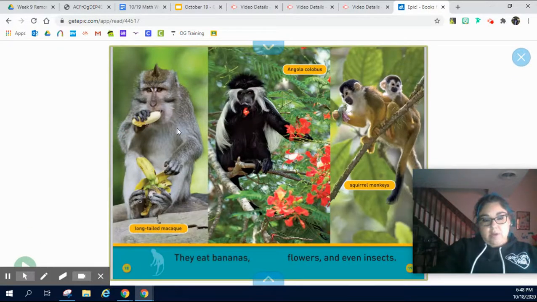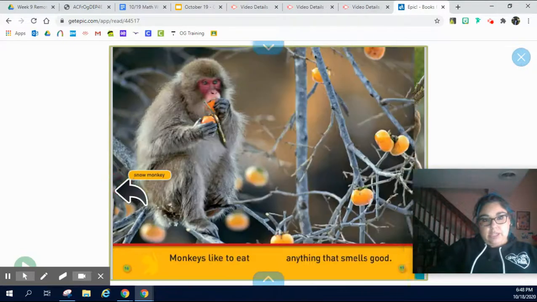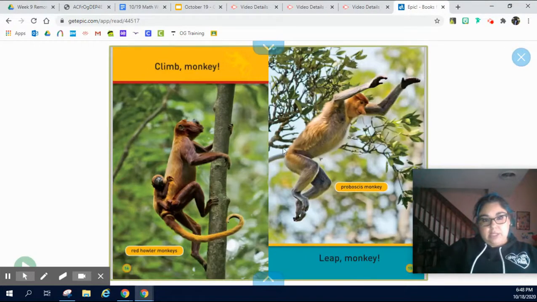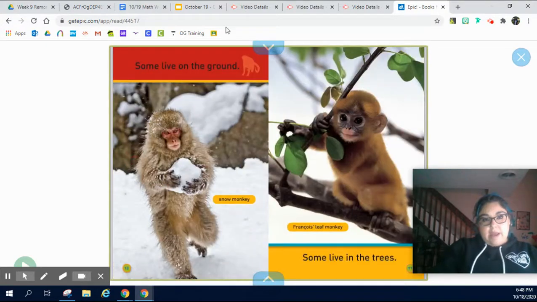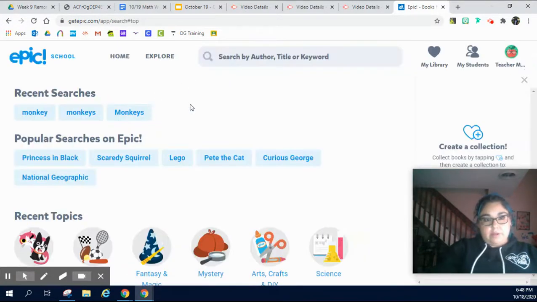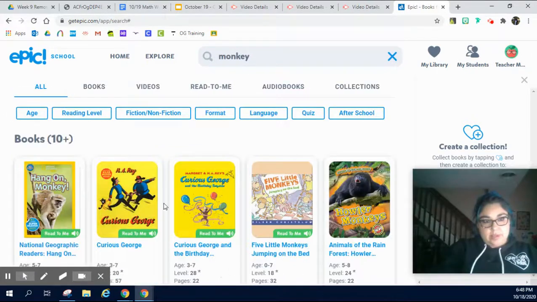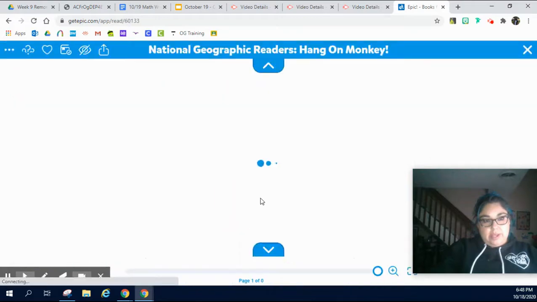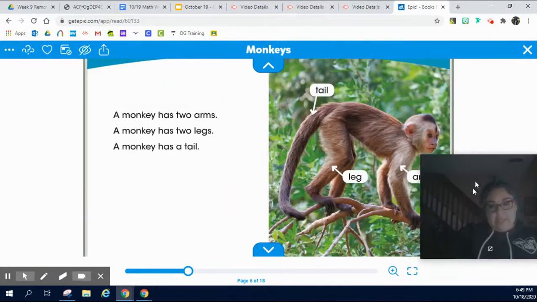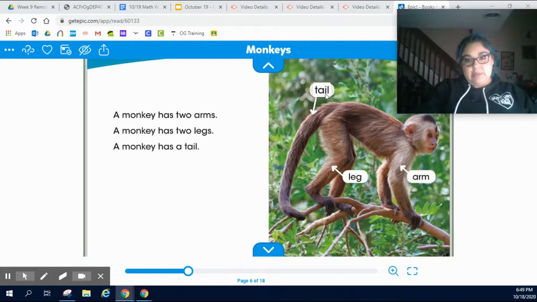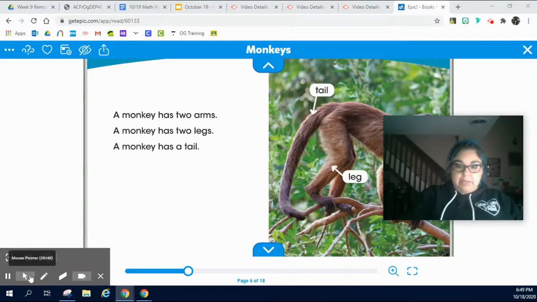So see how each monkey is labeled? It labels the things in the picture, okay? Let's see if I can find that other book. Right here. This whole monkey is labeled. See, with the tail, the legs, and the arms. So labels could be very simple. It could be naming just the one thing, or it can be naming lots of things in one picture.